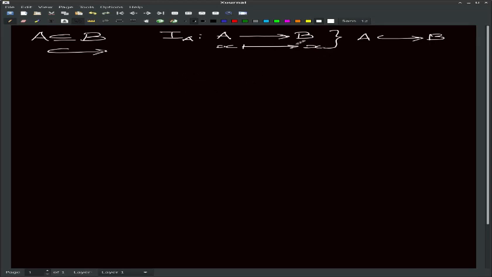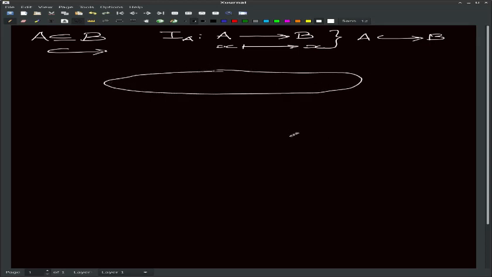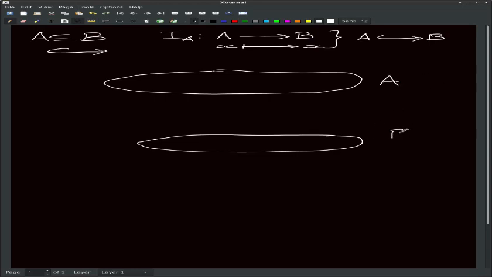Okay. But you can immediately see what this symbol looks like. If you have A over here and B over here, and you think of A as this subset on this side, then it is like this.